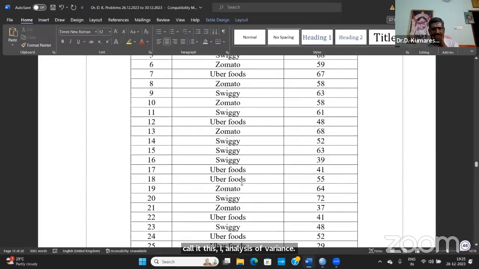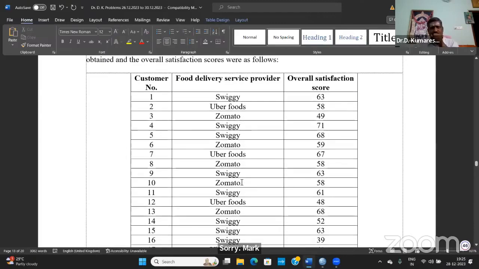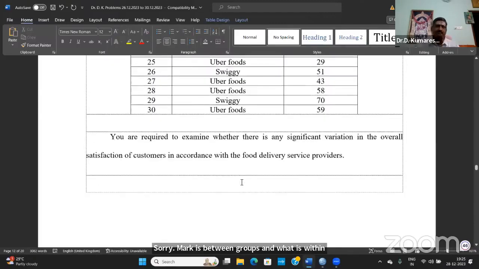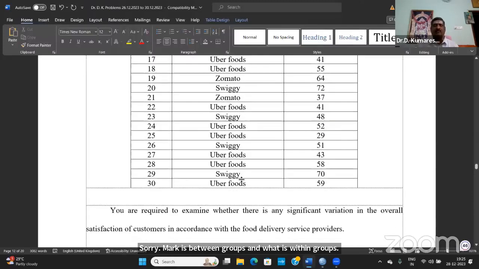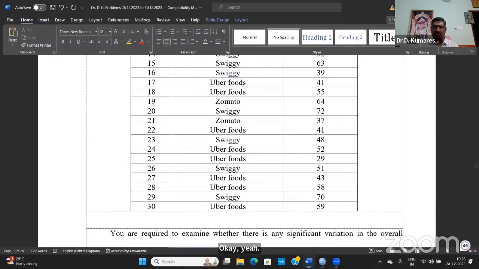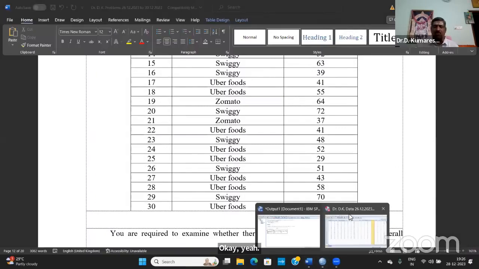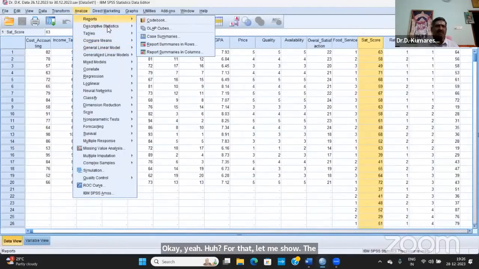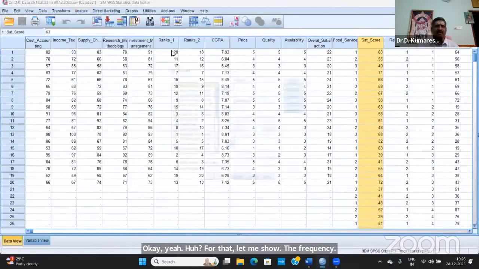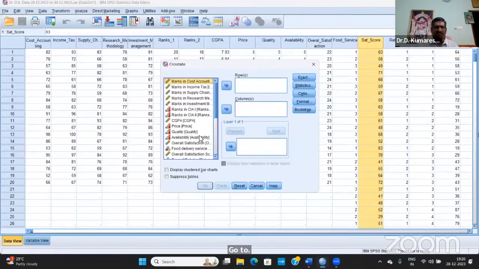Sir, what is between groups and what is within groups? Look at here. For that, let me show the frequency. Go to descriptive statistics, go to crosstabs.